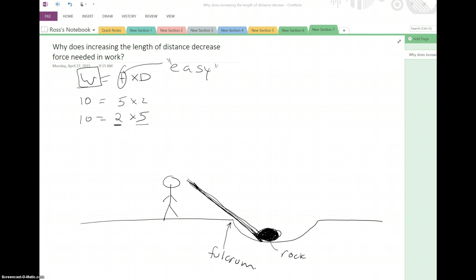As you can see, the fulcrum is a little bit closer to the rock than it is to me, if I am the input force, and the middle would be right about here. So it would be better if we could either move the fulcrum, add some dirt in here, and make the fulcrum a little bit closer to the rock, or make my lever a little bit longer.